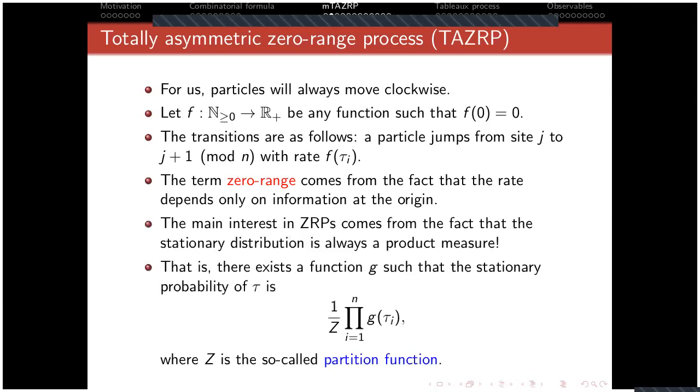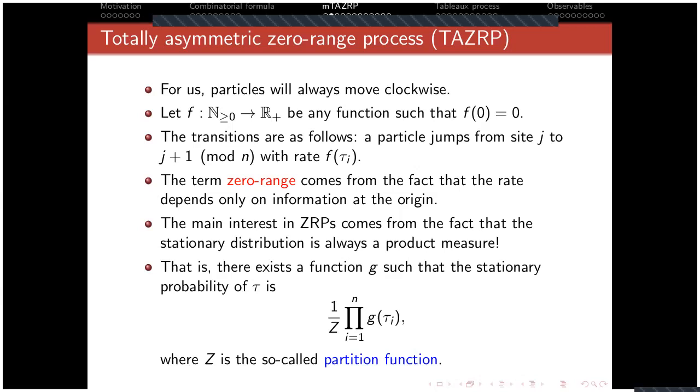So what Spitzer proved is that the stationary distribution is always a product measure, no matter what f you take. On general graphs, you have to ensure conservation of the particles. At this level, you always have conservation.